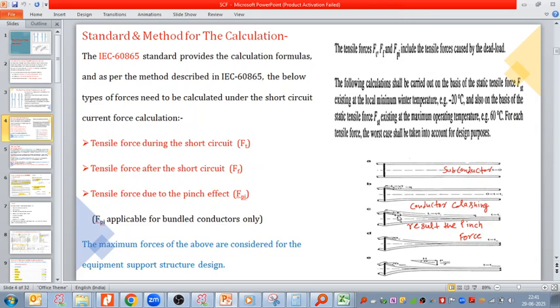The conductors result in the pinch force; they attract, and then it is in this position. So it is happening due to the short circuit force. Yes, short circuit. Okay, sir, thank you.